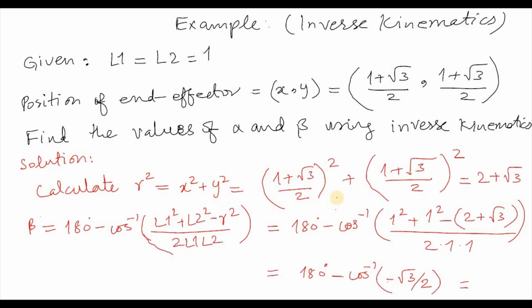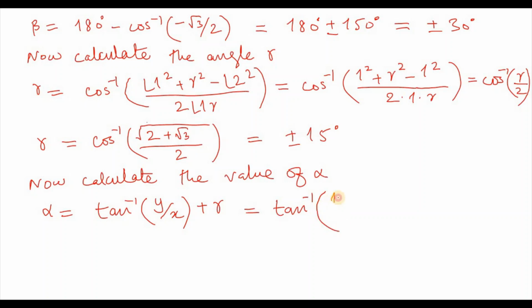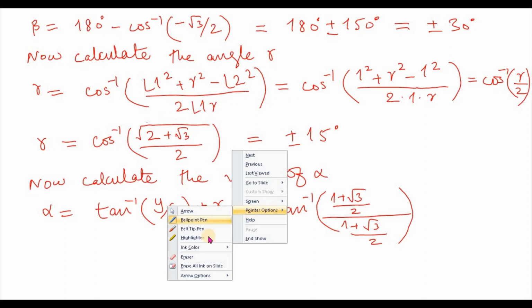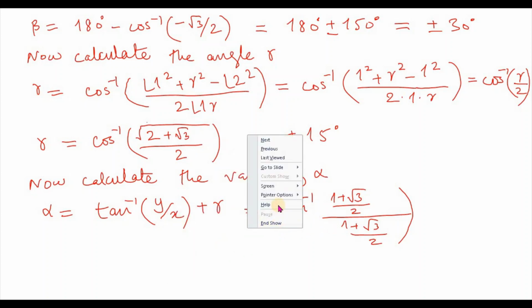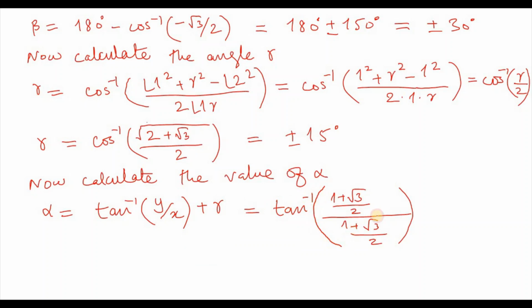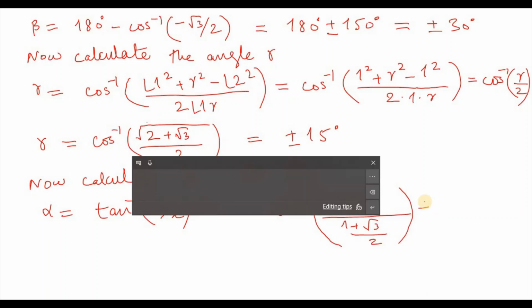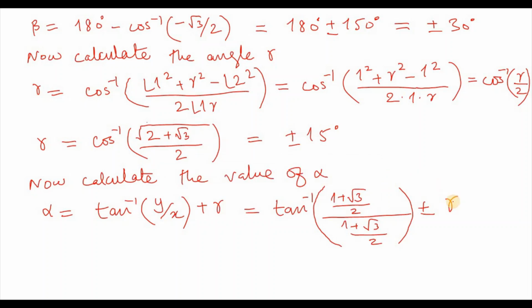So let me put it 1 plus under 3 by 2 and then we have plus or minus gamma.